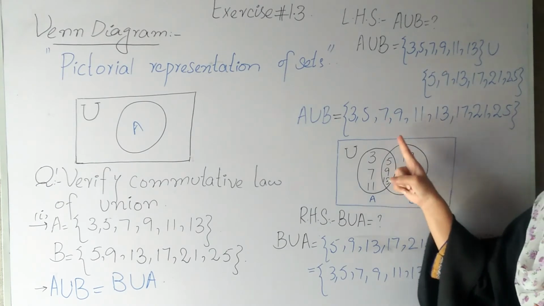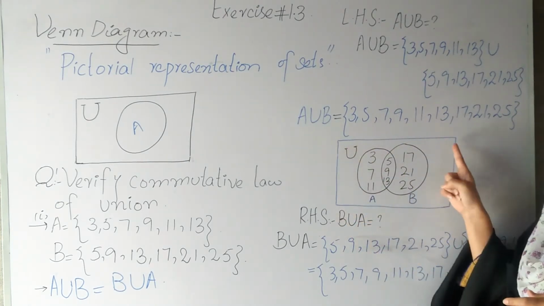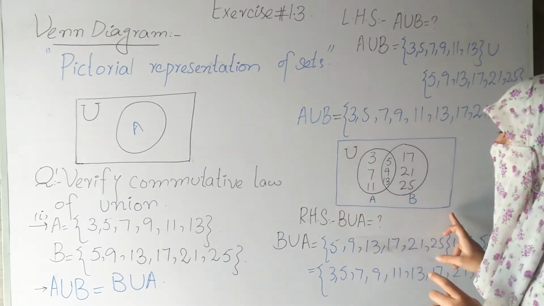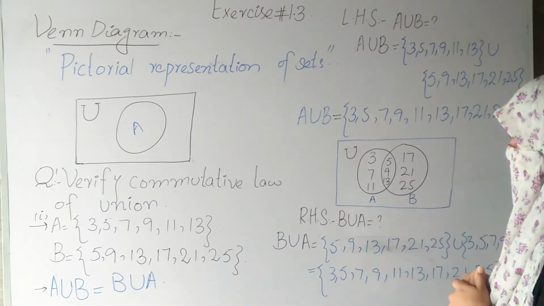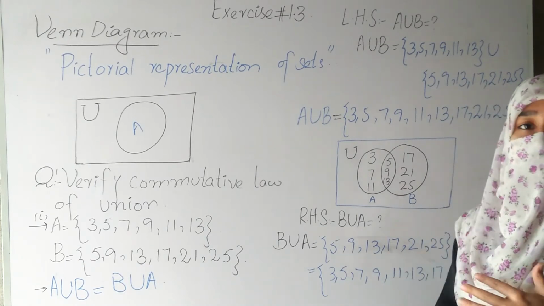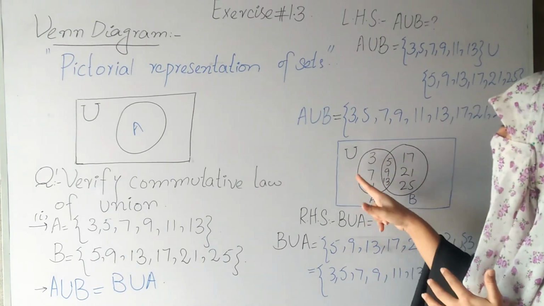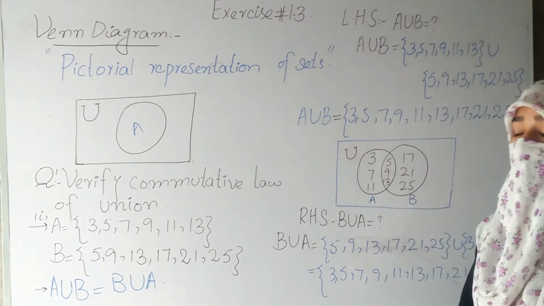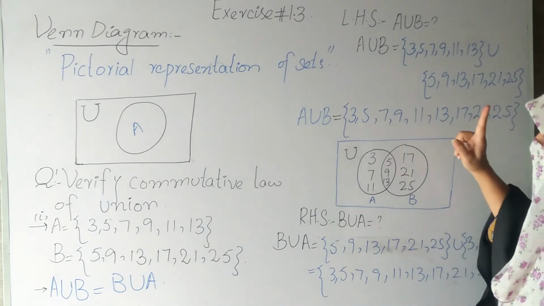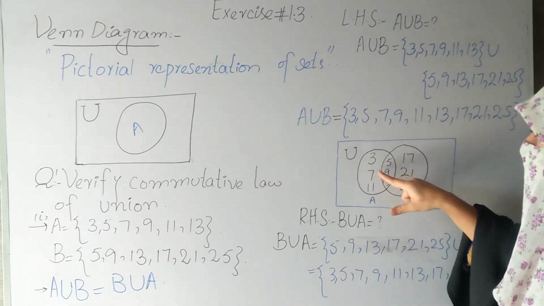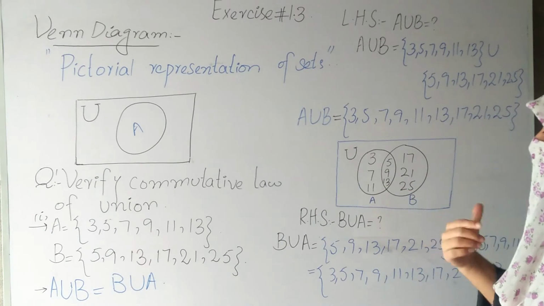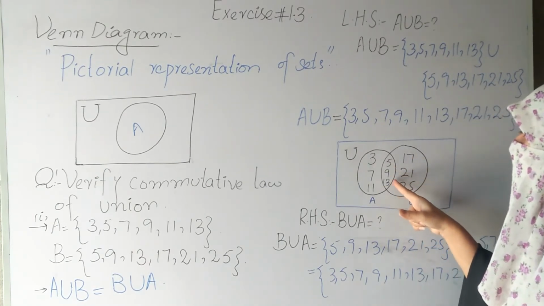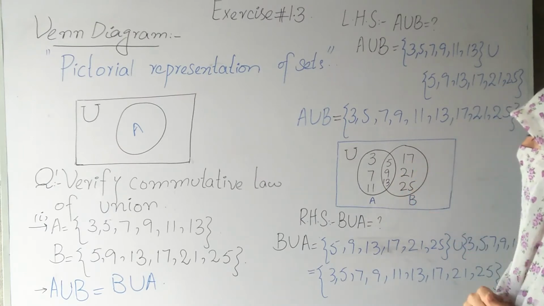So first we draw the rectangle of universal set. Every time universal set will be represented by a rectangle, and the other subsets will be shown in closed figures, which are set A and set B. The elements of set A are 3, 5, 7, 9, 11 and 13, and the elements of set B are 5, 9, 13, 17, 21 and 25.